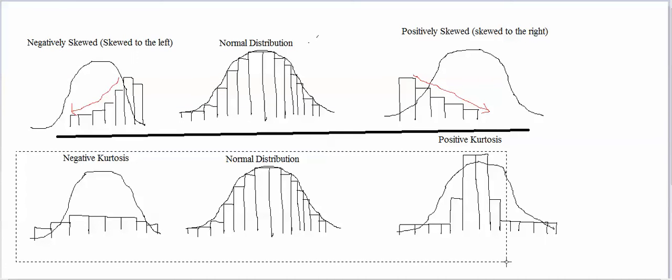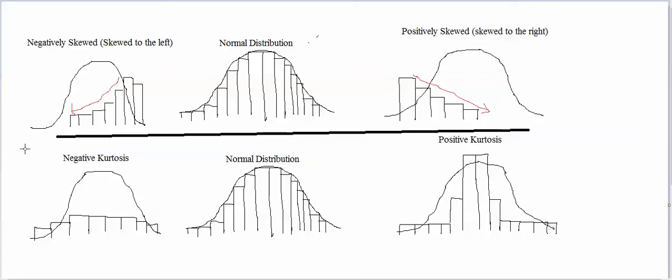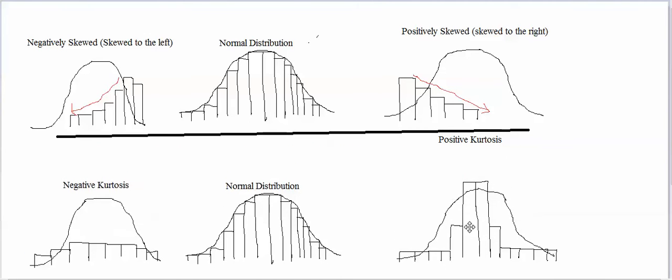Let's move this down. A perfectly normal distribution will have a skewness value of 0.